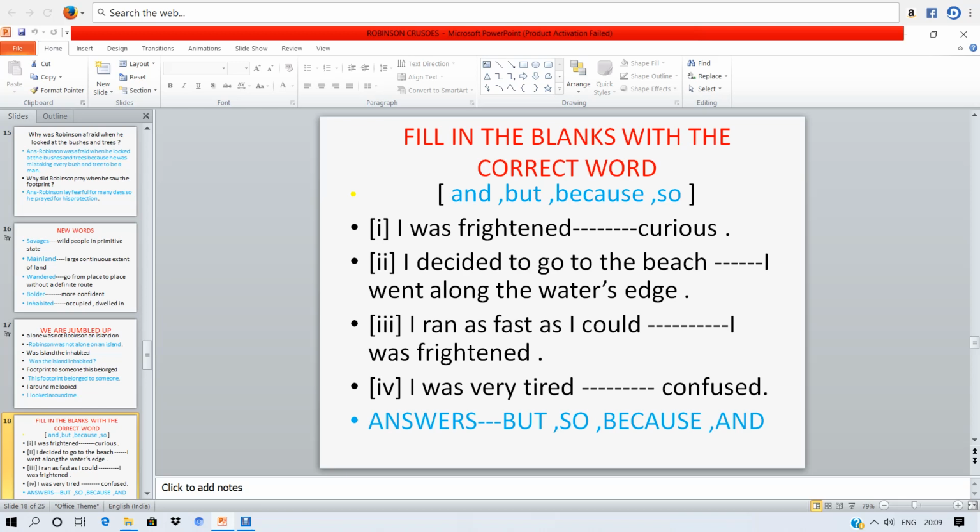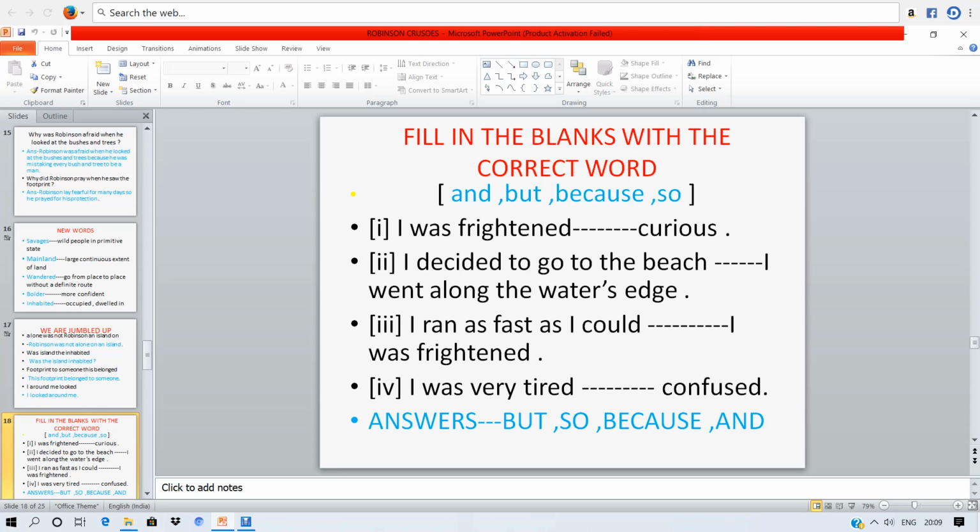And the third sentence is, I ran as fast as I could. Dash, I was frightened. And we have to write the correct option here. And the correct option is because. So we will write it again this way.